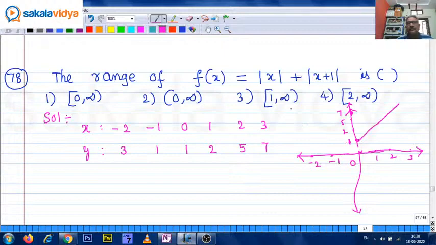On the y-axis you observe 1 to infinity. So the third option is the right option, 1 to infinity.